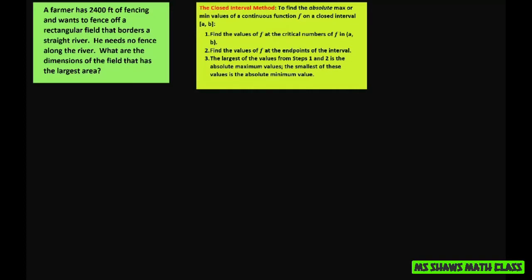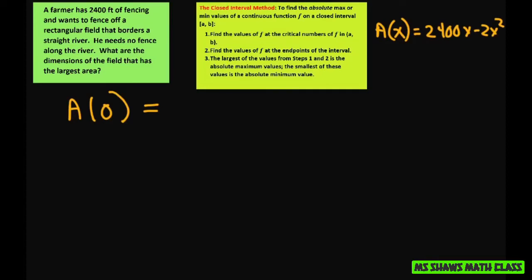So we're going to do A of 0. A of 0 is going to be, remember what A is, 2,400x minus 2x squared. So when I plug in 0, I'm going to get 0. And let's plug in 600.